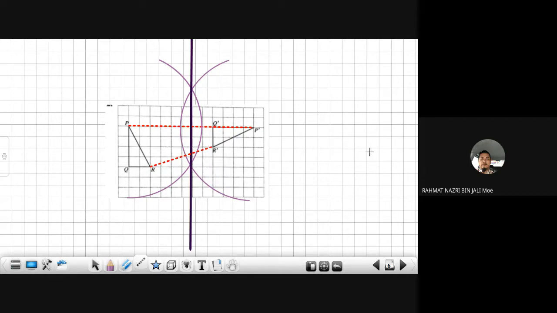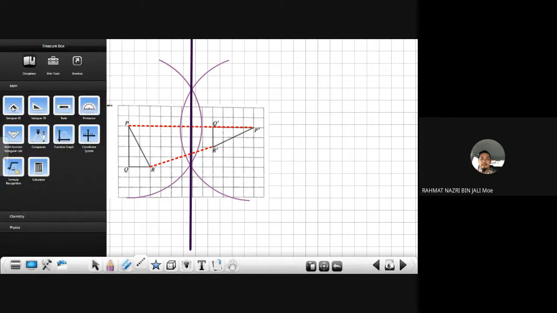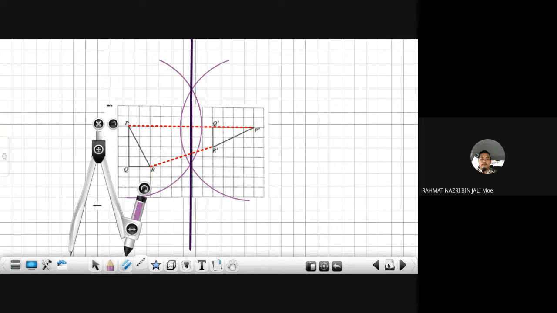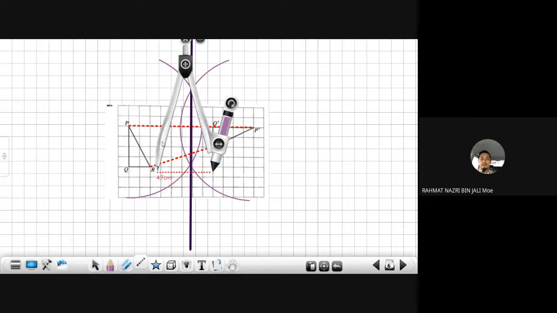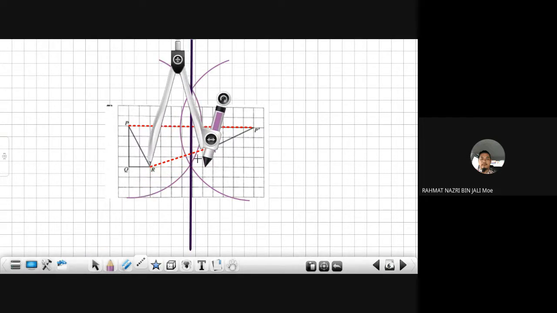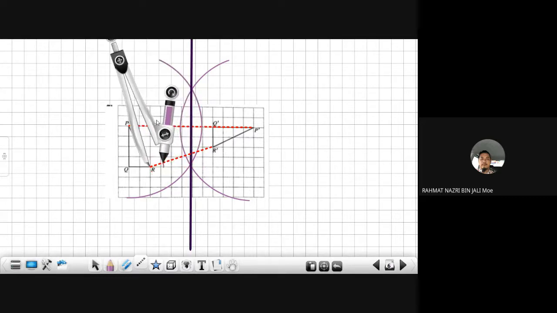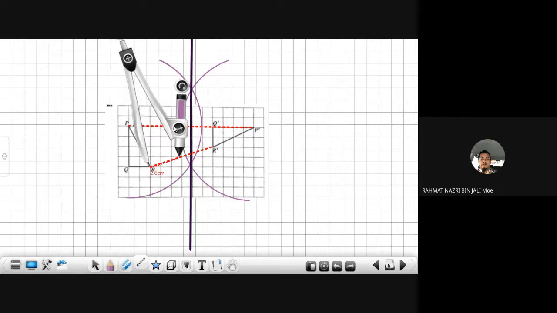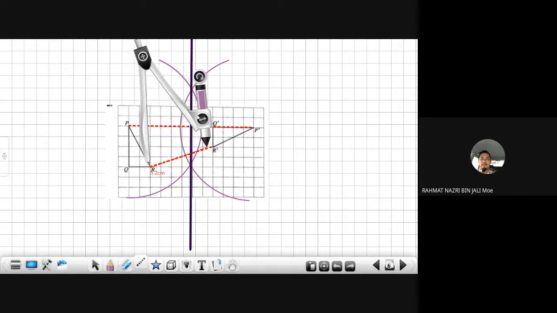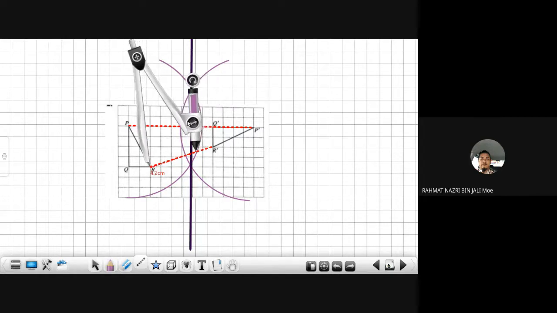Okay, then take your compass, where the center of R. Adjust the opening. The opening should be more than half. This is the total length of the straight line. We just open more than half saja to draw the arc.